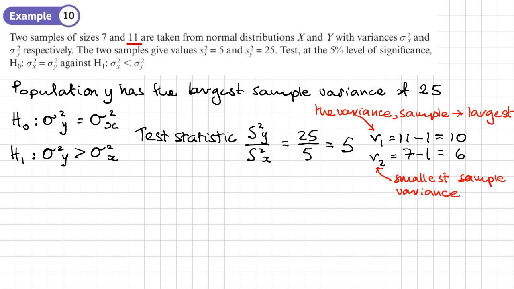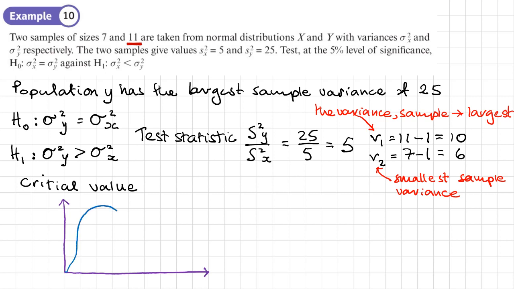Okay, so now I'm ready to find my critical value. Because I've flipped this around, I've basically turned it into an upper tail test. If I kept it the way it was, it would be a lower tail test. So again, I'm just going to draw my distribution like this.